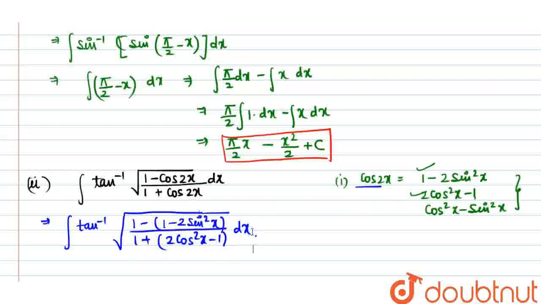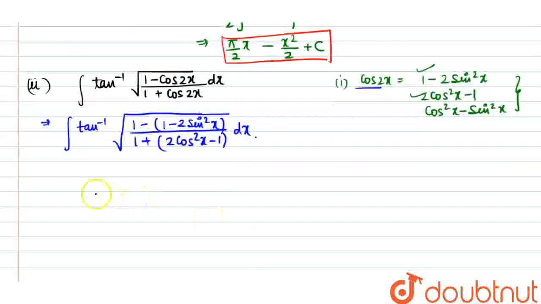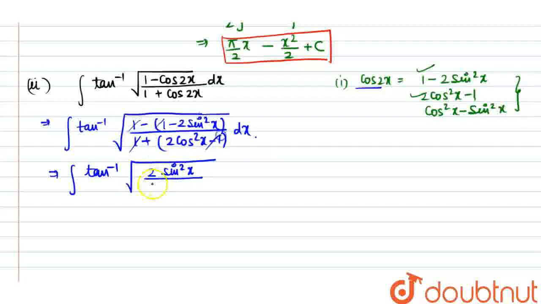Now when we solve it, 1 and 1 will be cancelled out, so I can write integration of tan inverse under root, while opening the bracket 1 and 1 will be cancelled out, minus minus plus means 2 sin square x. In the denominator part, here 1 and 1 will be cancelled out, 2 cos square x dx.